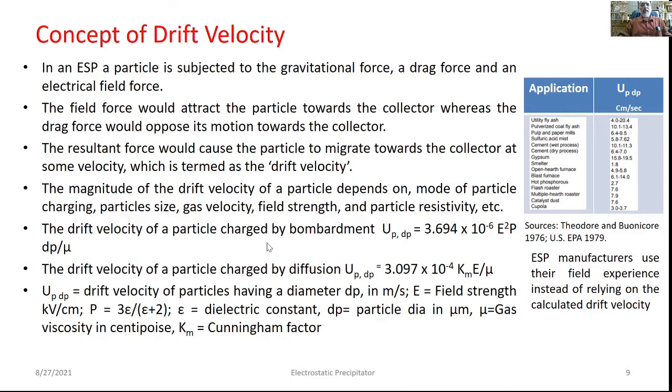The drift velocity of a particle charged by bombardment is 3.694 × 10^-6 E² P dP / μ, whereas the drift velocity of a particle charged by diffusion is 3.097 × 10^-4 Km E / μ.